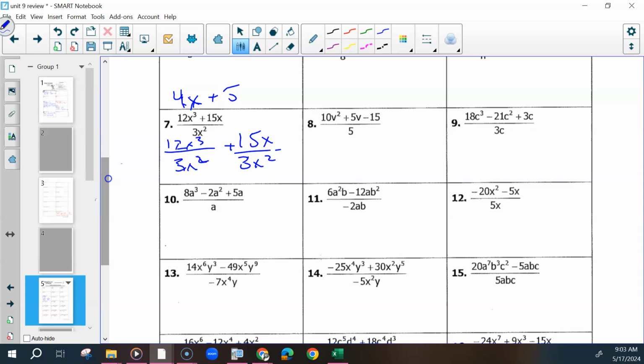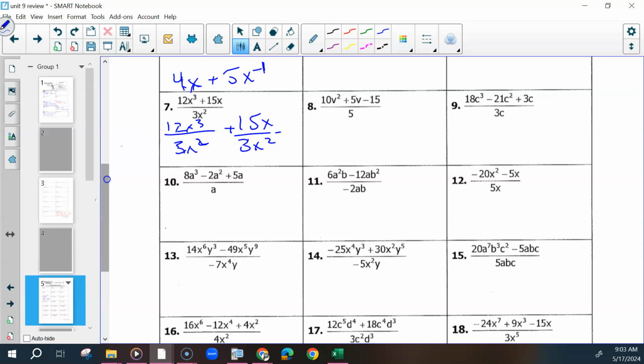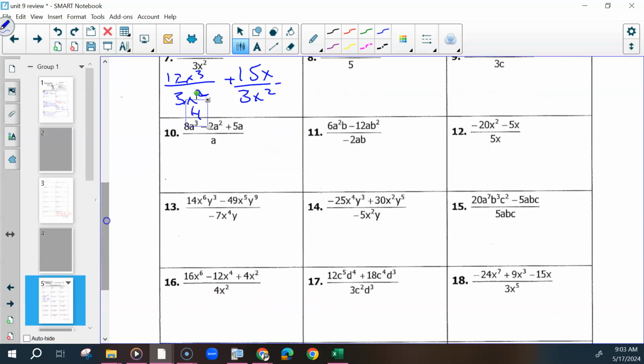And this one, we're going to have a variable in the denominator, because this would be x to the negative 1. So that would become 4x plus 5 over x.